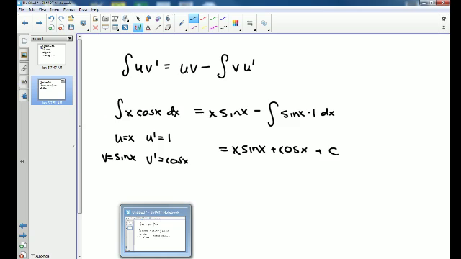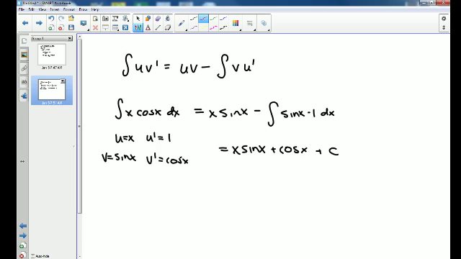That's u prime. I didn't want to not put it there. Maybe I should have colored this better. So we have v is sine x, we have u is x, u prime is 1.